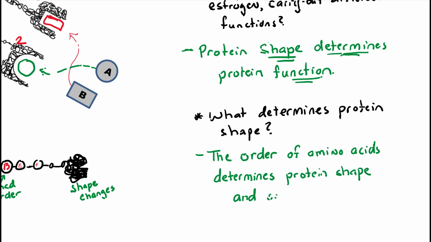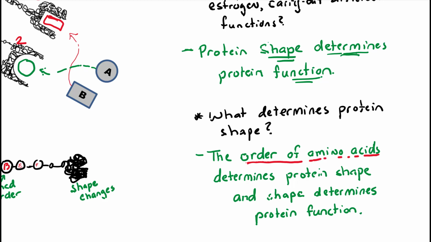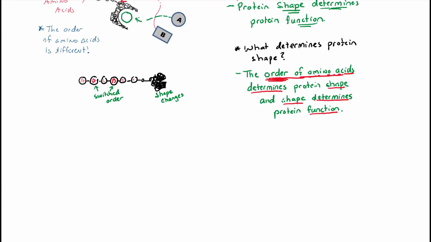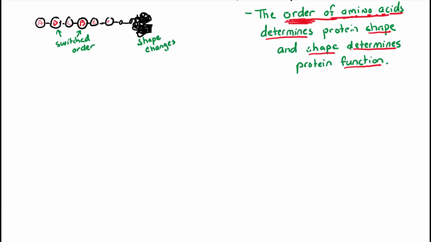So the order of amino acids determines the shape, and the shape determines the function. This little saying that we're writing, key importance. So that is why testosterone does different things than estrogen, because testosterone has a different shape than estrogen.